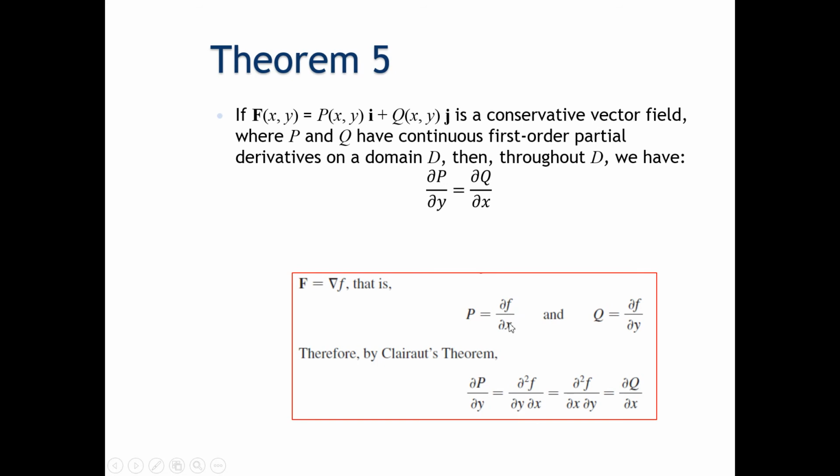That is the second order derivative of this function with respect to y, right? So partial P by partial y is equal to partial 2f by partial y partial x, and this is equal to partial 2f by partial x partial y by the theorem, and this is nothing but partial Q by partial x, right? So that is why this result holds. If F is a conservative field, then partial P by partial y is equal to partial Q by partial x.